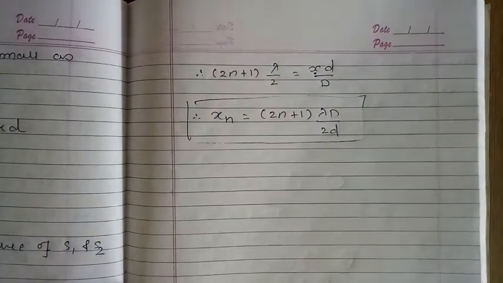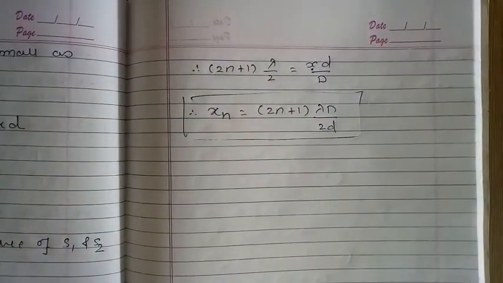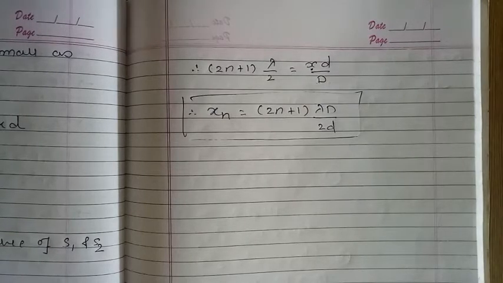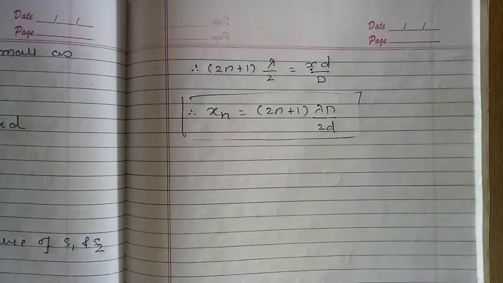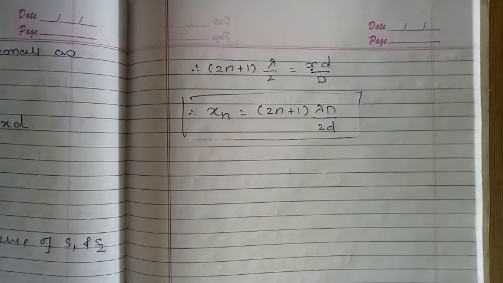So you have to remember that. Again I repeat all the formulas. For Young's double slit experiment, the path difference is x into small d upon capital D. For constructive interference, xn is equal to n lambda capital D upon small d.